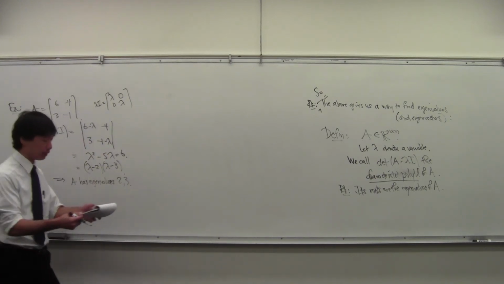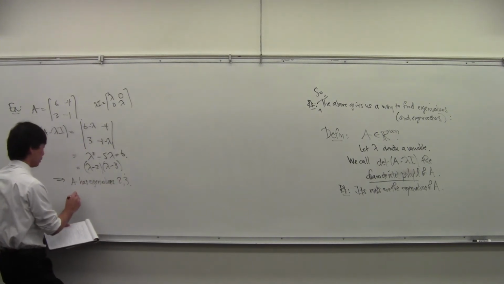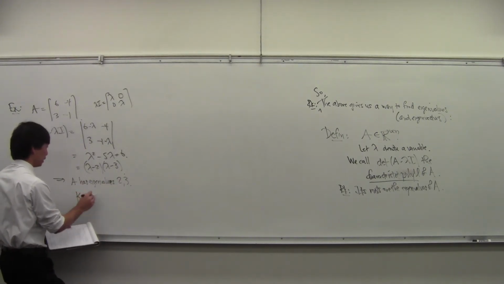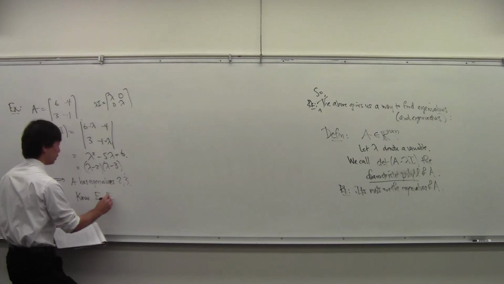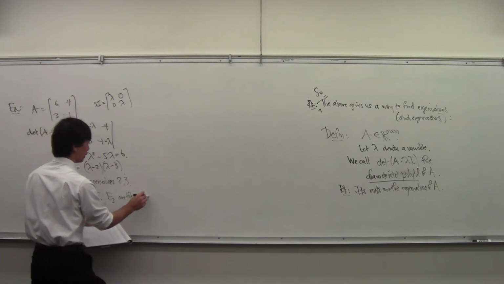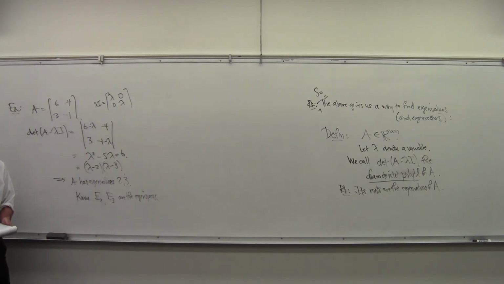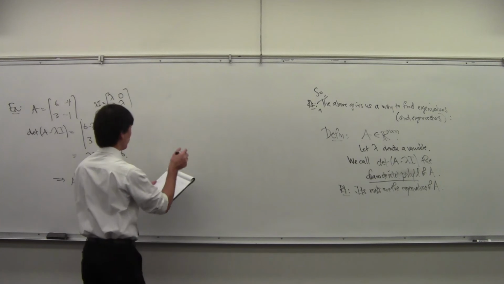Great, you've got the eigenvalues, but now that you have the eigenvalues, you know that E sub 2 and E sub 3 are the eigenspaces, and we can figure out what they are.